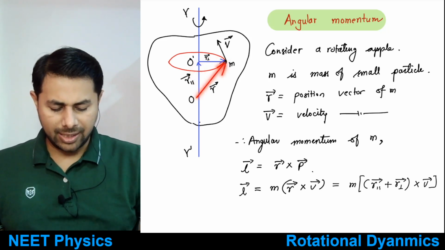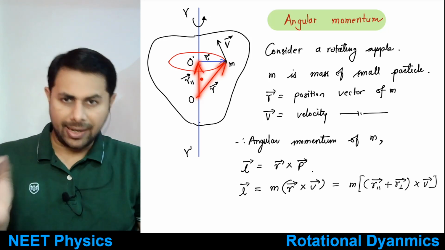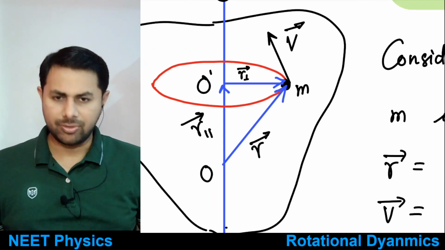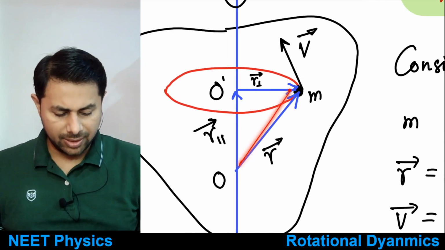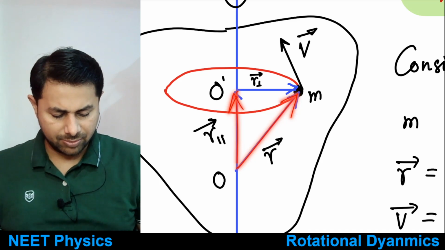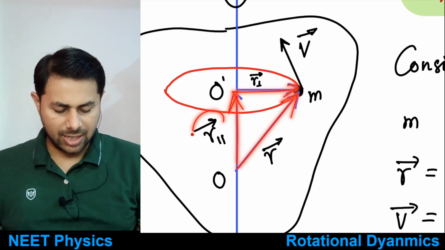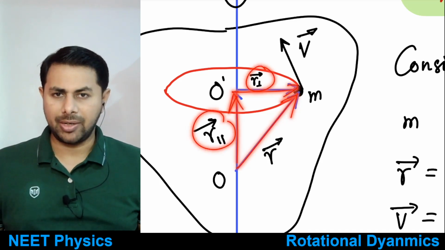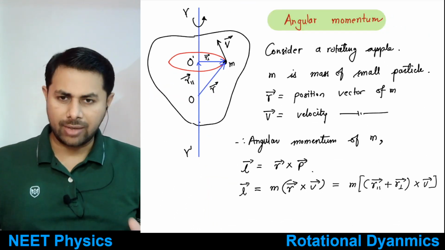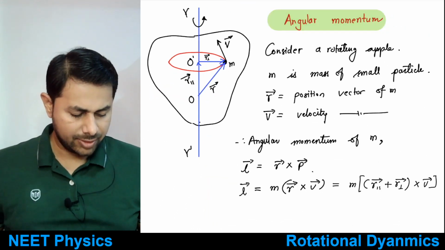So this r bar can be written as r parallel bar plus r perpendicular bar, okay. If you see that this is r bar, it can be written as addition of this one and this one, that is r parallel and r perpendicular, okay. So we have broken down r bar into those two vectors, right?